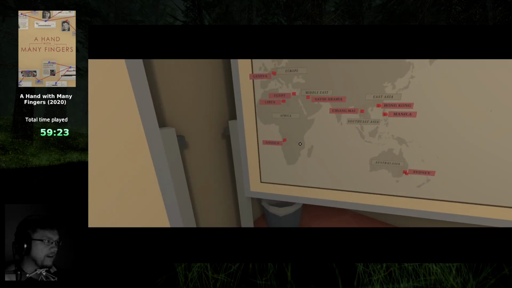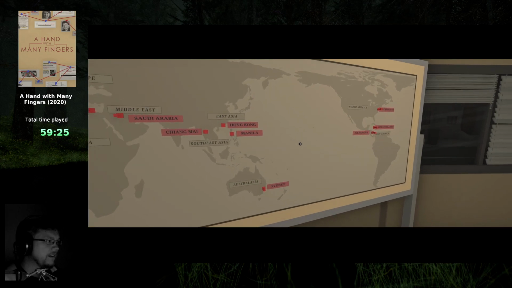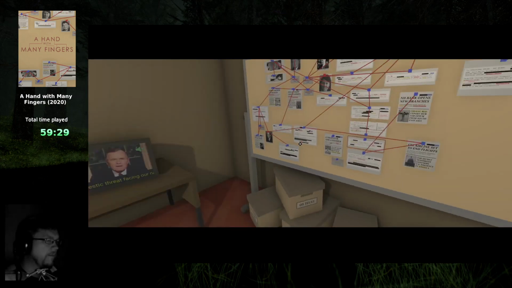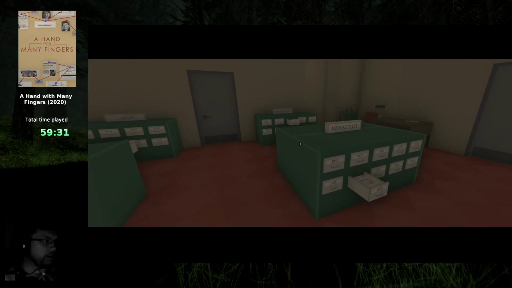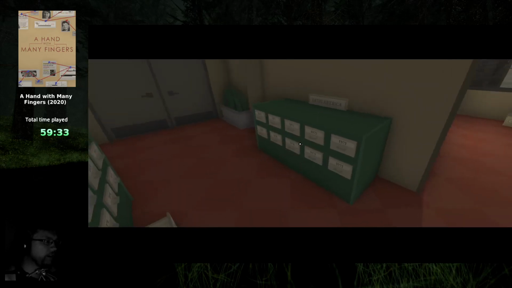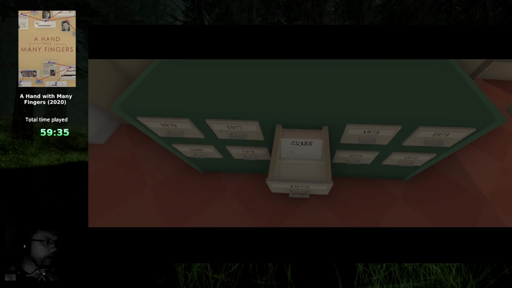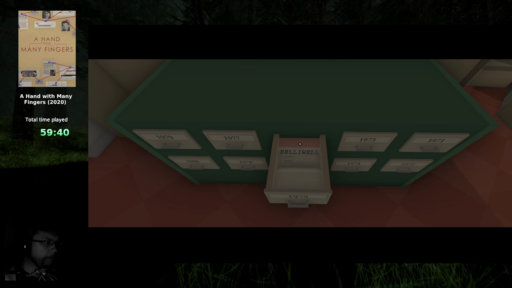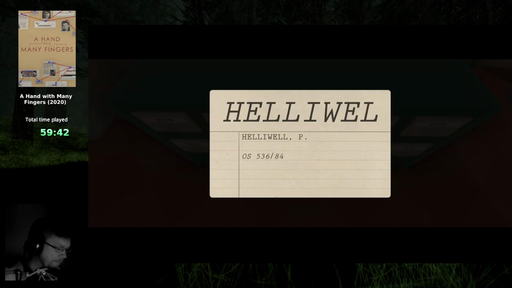Nugan Hand Helliwell, Cayman Islands, 75. The hell are Cayman Islands? Central America, I guess. We have a Central America. Latin America, 75. There better be something in here. Helliwell, 536, 84. We don't have that.